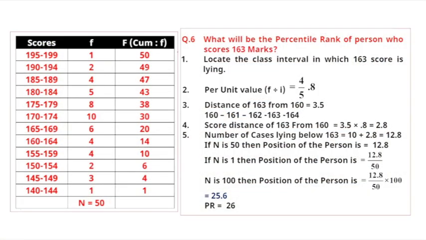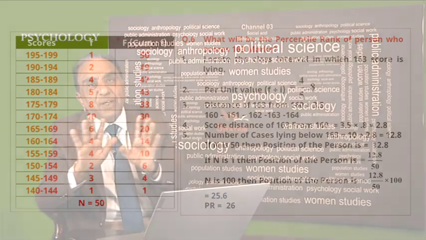First of all, find the class interval in which 163 is coming. So the 163 value is coming in the class interval 160 to 164. Clear? 160 to 164, frequency 4. Now the fundamental is very clear.